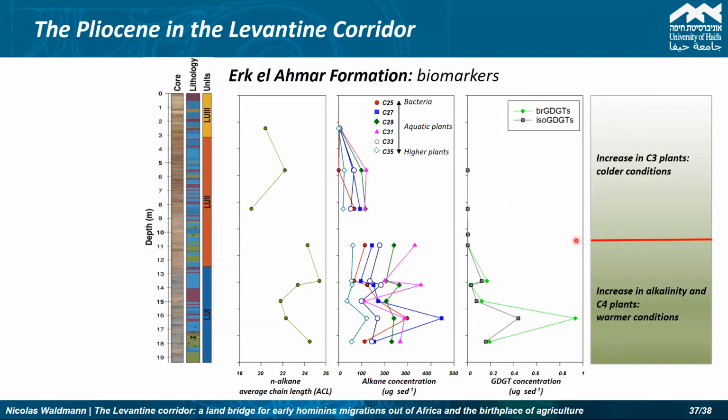Our initial interpretation is that there is a boundary there, probably lithological unit 1 to 2 or somewhere above it, in which the lower part is showing an increase in alkalinity and C4 plants, probably warmer conditions, while moving slowly to an increase in C3 plants and colder conditions.